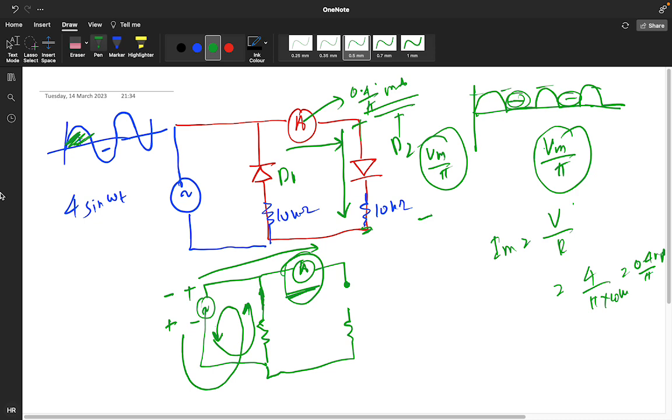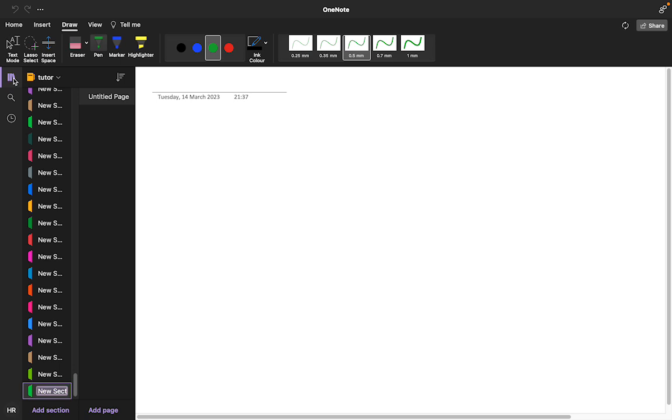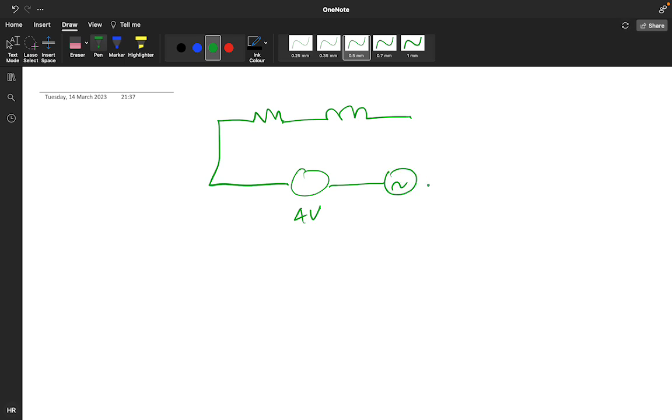Okay, now you have one particular question. You have a resistor, you have an inductor, and you have 4 volt, and one ammeter is connected, this is your ideal ammeter, meaning there is no loss, and it is given sin t volt.